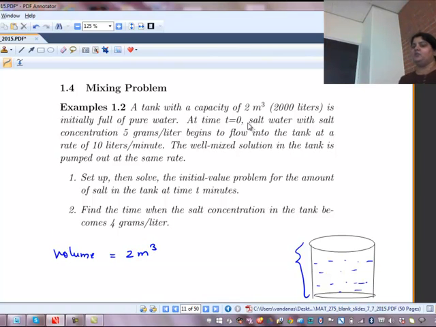At time t equals 0, salt water with salt concentration 5 grams per liter begins to flow into the tank at the rate of 10 liters per minute.